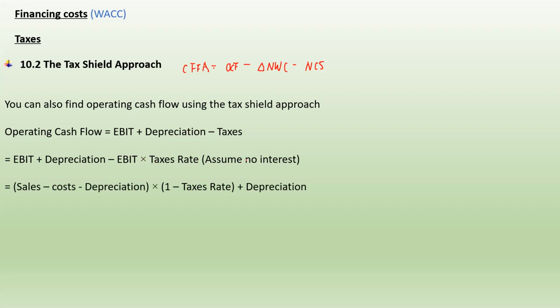And then we can put these two together. So we can merge the first term and the third term. So it equals to earnings before interest and tax times 1 minus tax rate, and add depreciation.